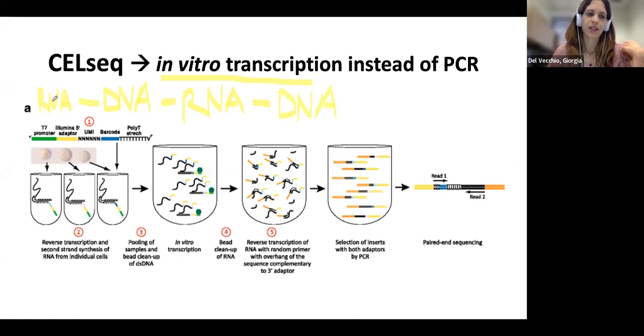Okay, so it's a back and forth approach. But the pro of using an in vitro transcription approach instead of PCR is that here, from DNA to RNA, performing the in vitro transcription, you are preserving the linearity of the reaction. So it's not exponential like the PCR. You can maintain the linearity, so you do not introduce so many biases as with PCR.